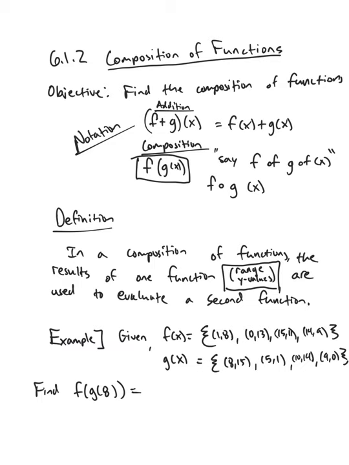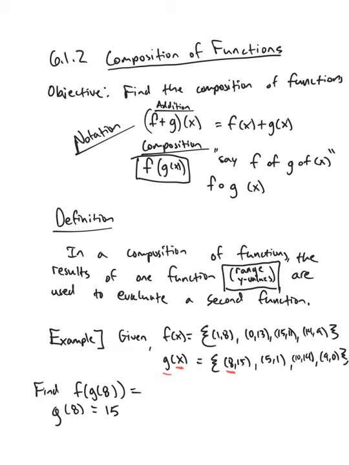So, to do this, we need to find out what is g of 8. Looking at the g function, we want to find the x value where it's 8. So (8, 15). G of 8 is 15. Okay, so that's what g of 8 is.